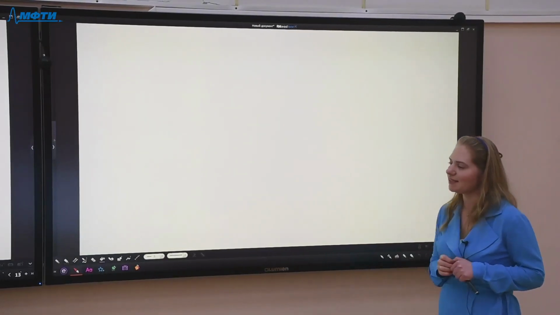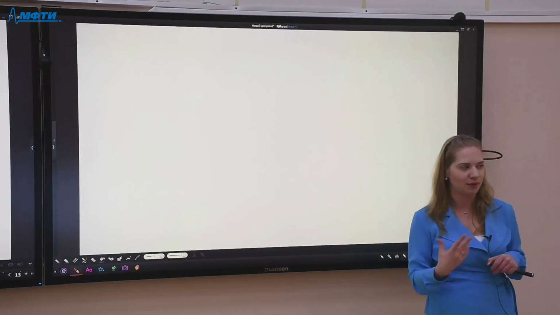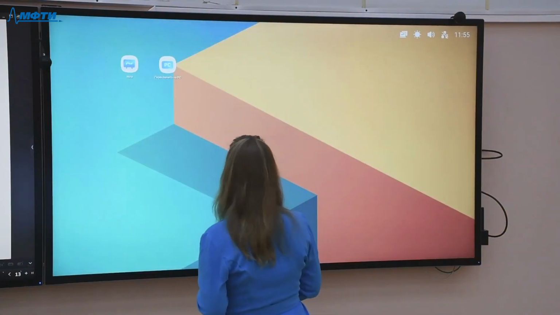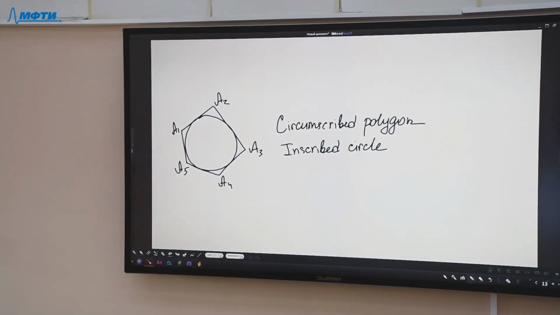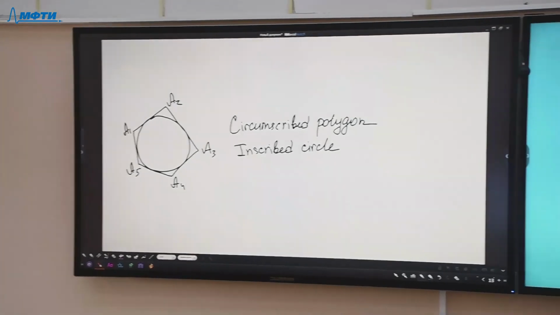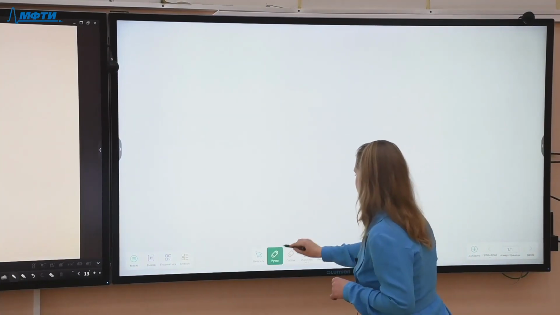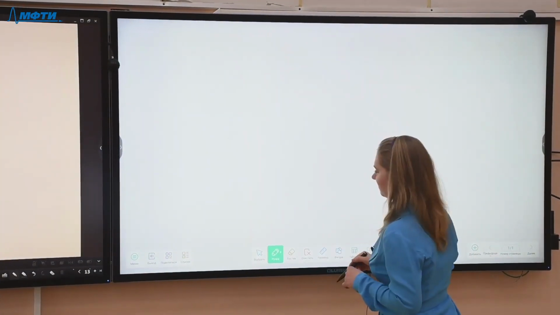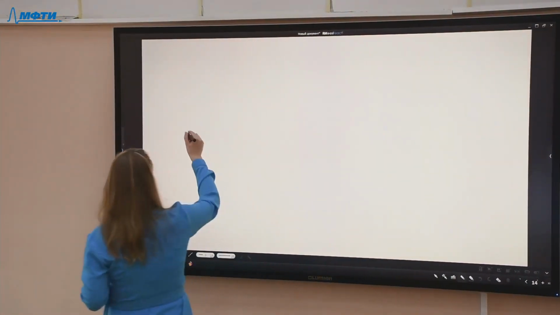And now let's consider some properties of inscribed quadrilaterals and circumscribed quadrilaterals. Okay, I will use this whiteboard. So we have a circle.